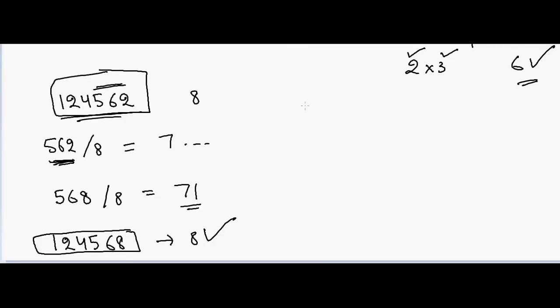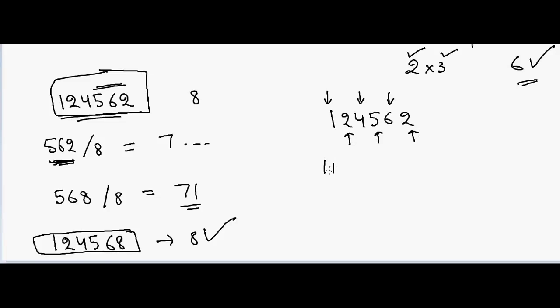Now let's talk about divisibility by 11. So if I have 1 2 4 5 6 2, and I want to find out whether this number is divisible by 11, what I'll do is take the alternate digits. So I'll take 1, this number, and this number, and then I'll take the other three numbers, and I add each group together.